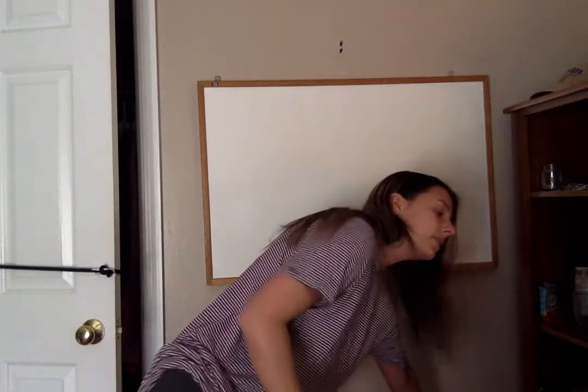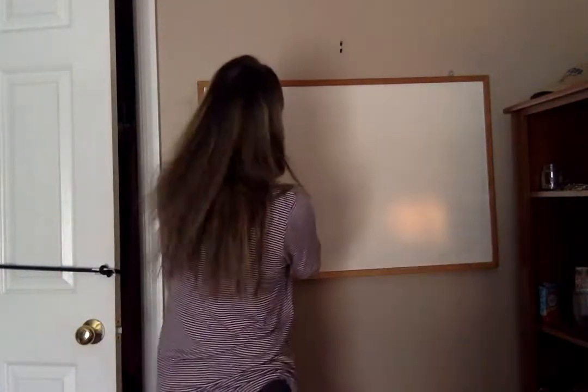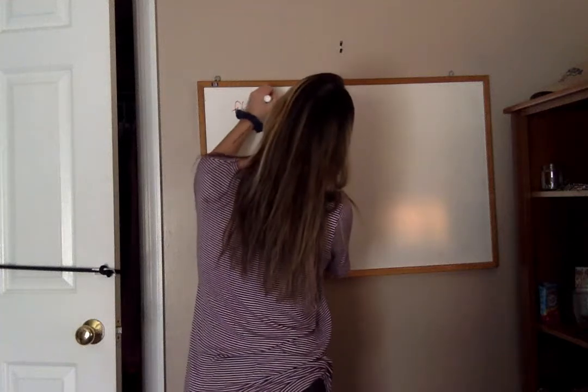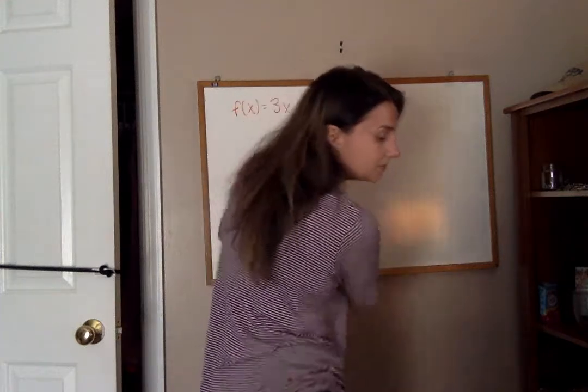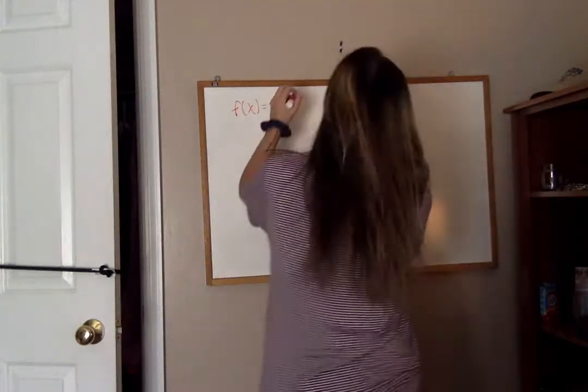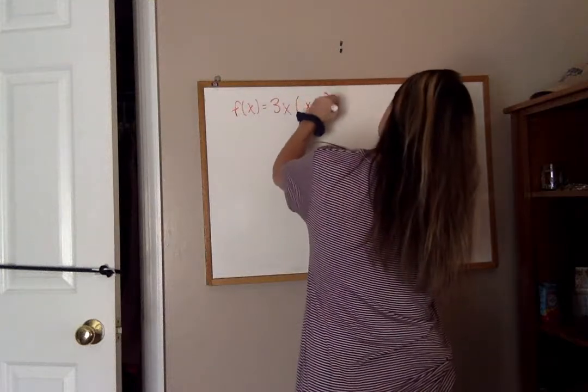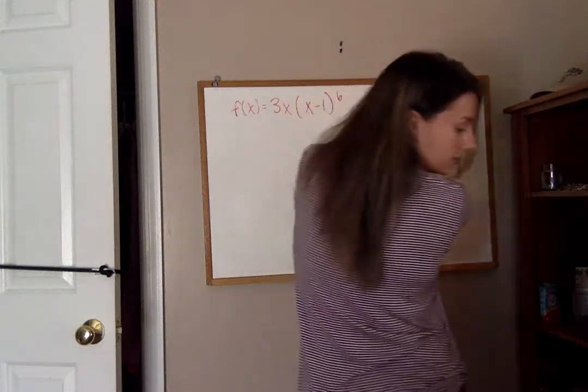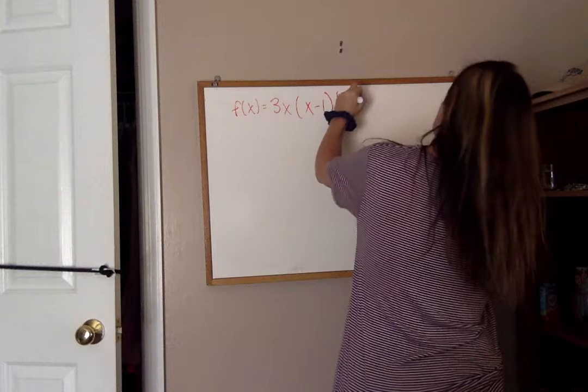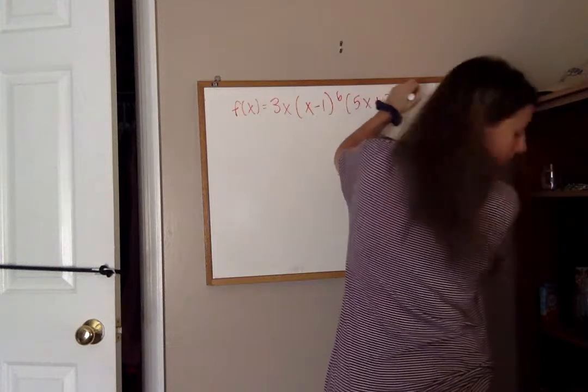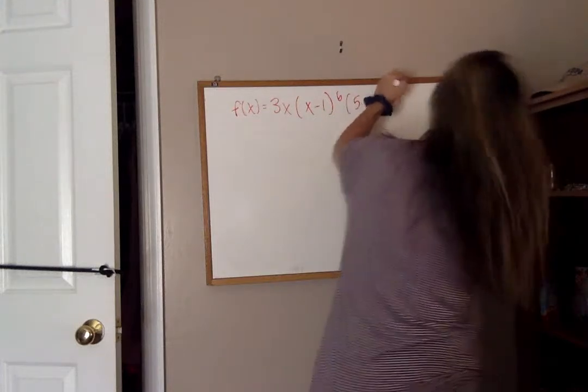So we have f of x equals 3x, x minus 1 to the 6th, and then 5x plus 2 to the 3rd.